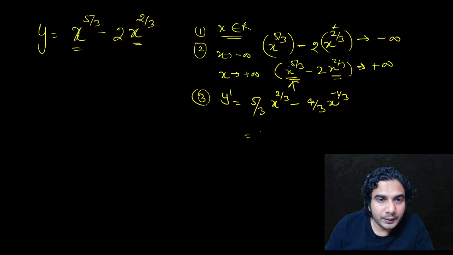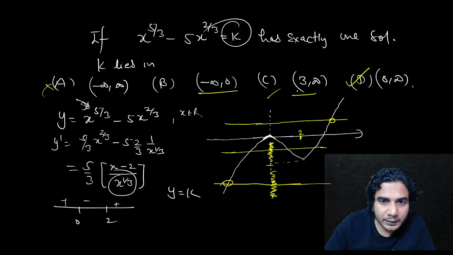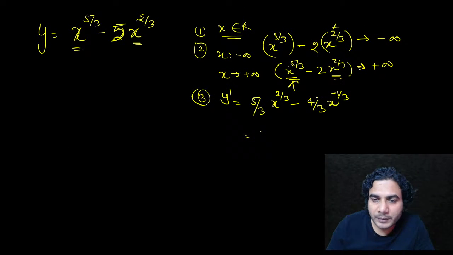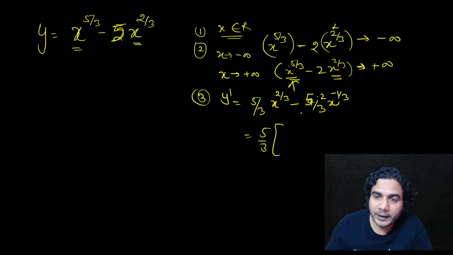Sorry, wait a minute. This number was 5, so 5 into 2. Now you can take 5 by 3 common, and if you take the LCM, this is going to be x minus 2 divided by x raised to 1 by 3.